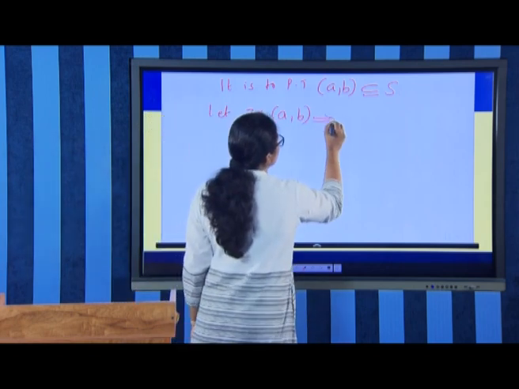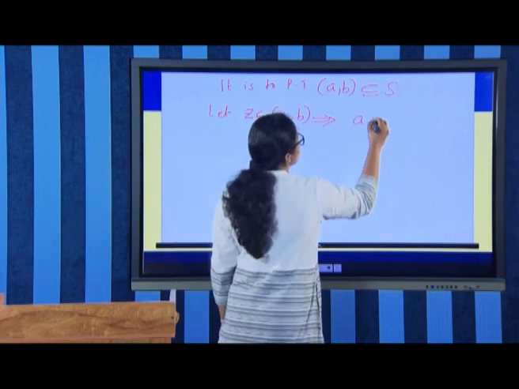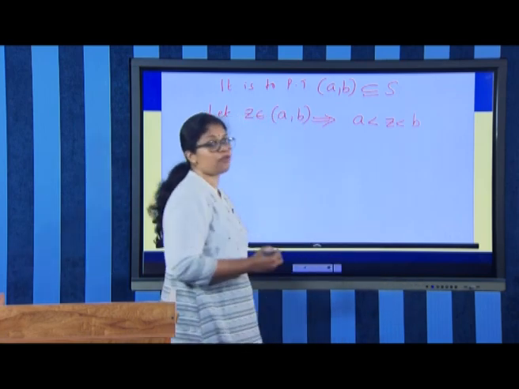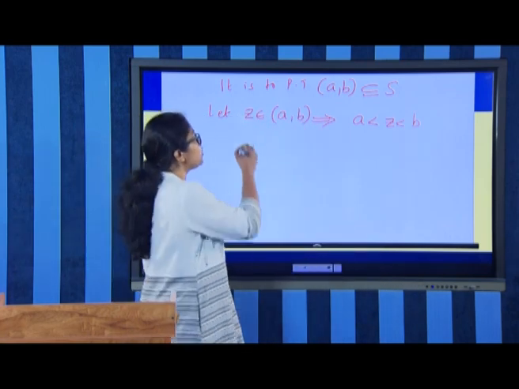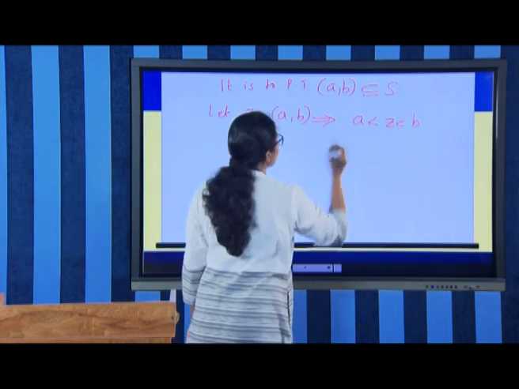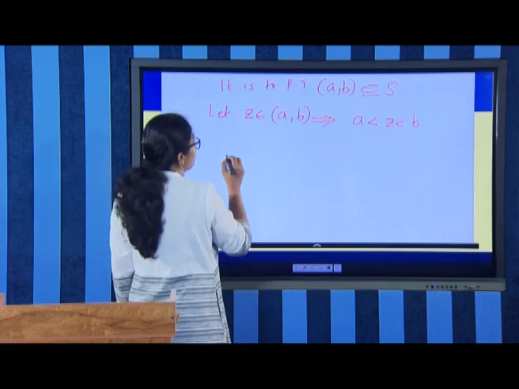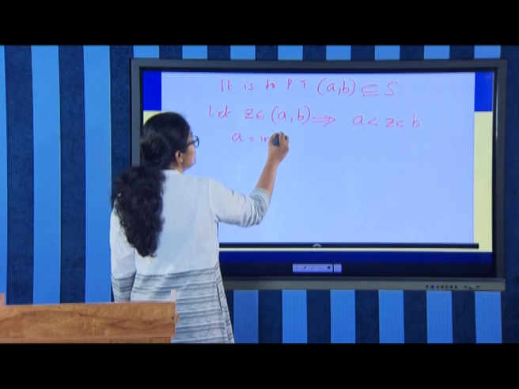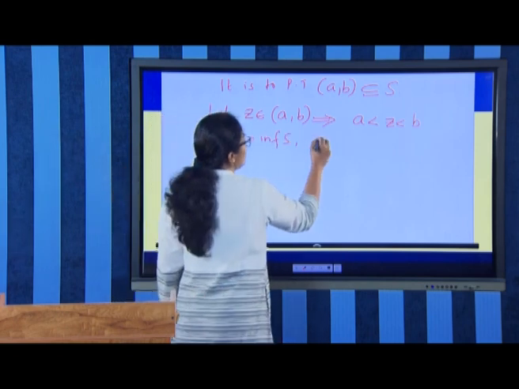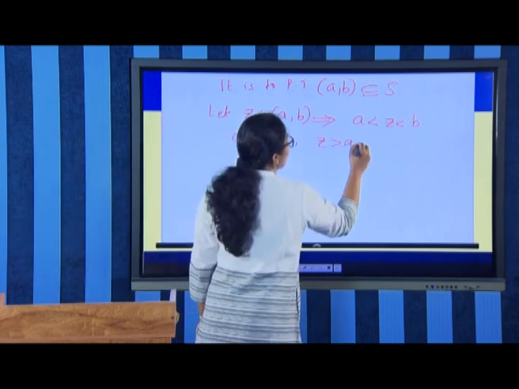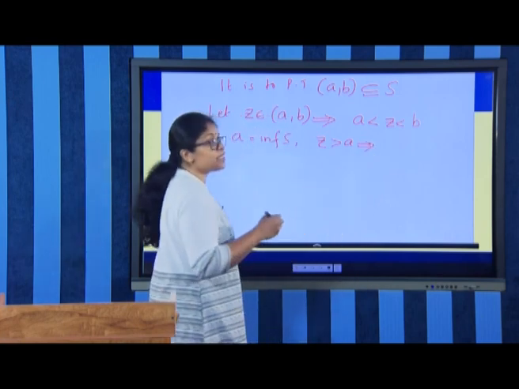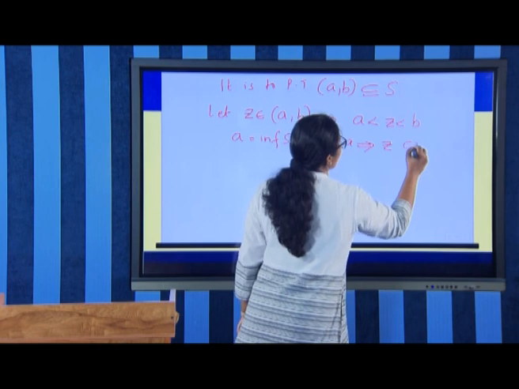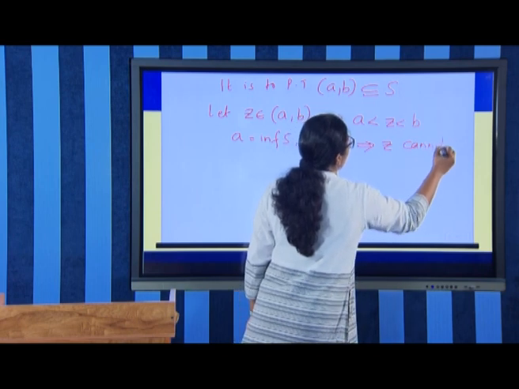Then what happens to this Z? Where is this Z between A and B? By the definition of open interval, Z belongs to the open interval (A, B) implies A less than Z less than B. Since A is the infimum of S, Z greater than A indicates that Z cannot be a lower bound.